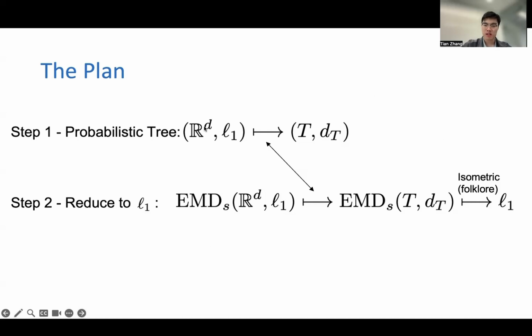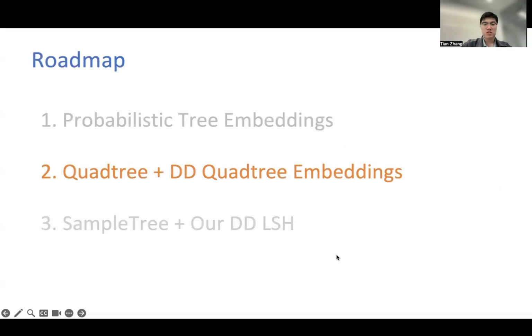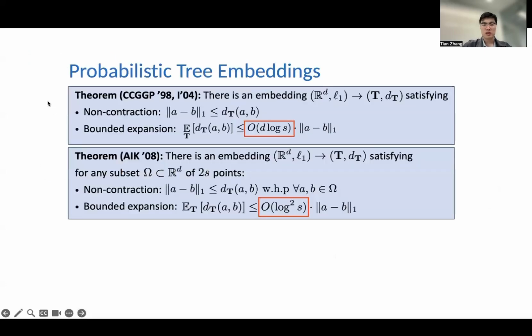Okay, now let me introduce two concrete examples of probabilistic tree embeddings, which will be building blocks of our new algorithm. Those are the probabilistic tree embeddings in prior works on ANN for EMD.